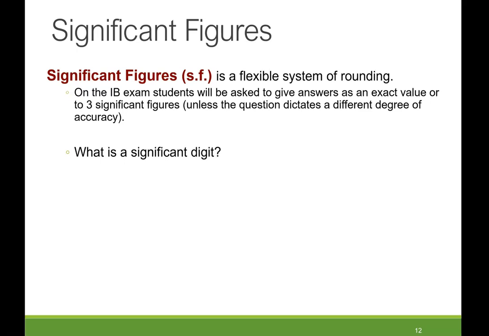If they occur after the decimal point. So like 5.0, 2 sig figs because the zero's after the decimal point. 50, 1 sig fig because the zero is not after the decimal point.